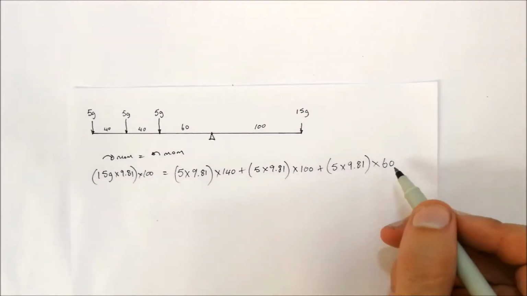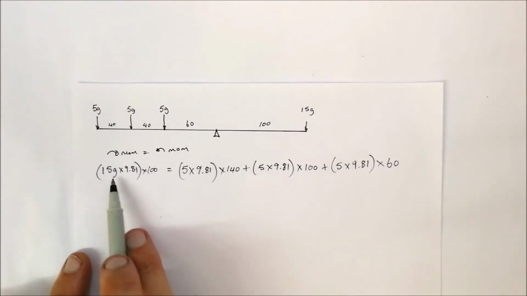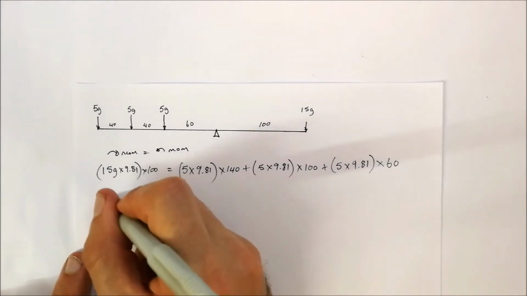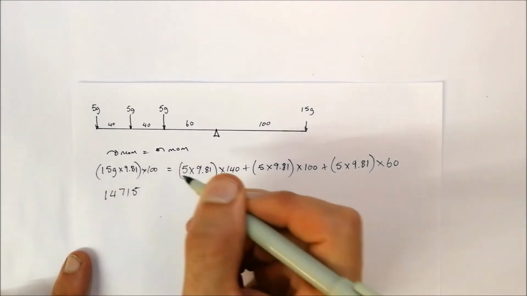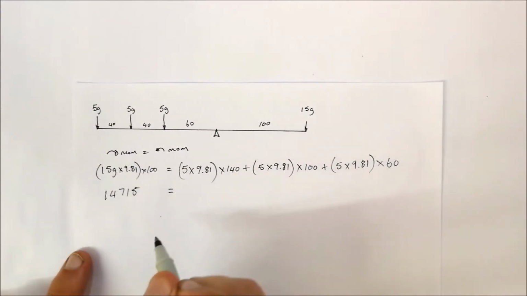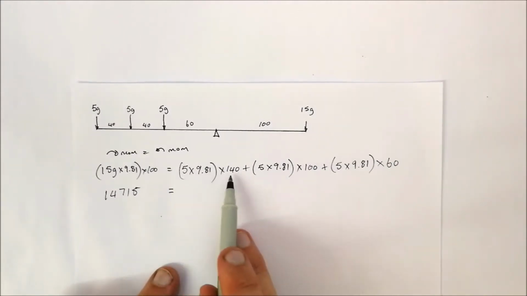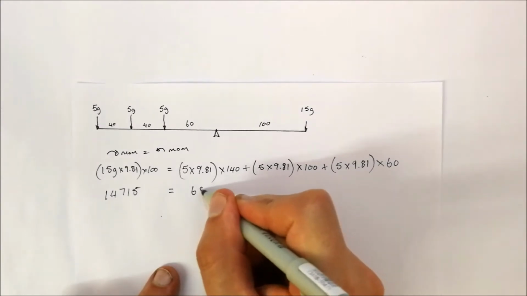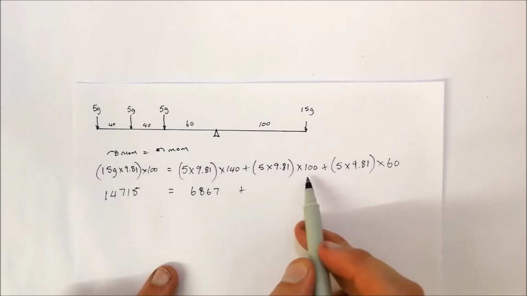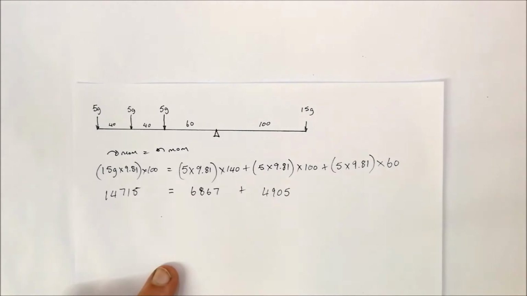Now if we calculate 15 multiplied by 9.81 multiplied by 100, we get 14715. Let's see if that is equal on the right hand side for the anti-clockwise moments. 5 times 9.81 times 140 is equal to 6867, plus 5 times 9.81 multiplied by 100 is equal to 4905.